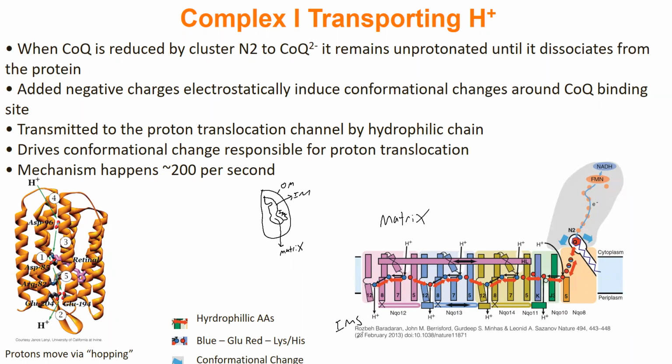Now, one thing that is interesting about complex 1 when you look at the structure of it is that all the electron movement happens in the arm, while all of the hydrogen movement happens further down the protein.